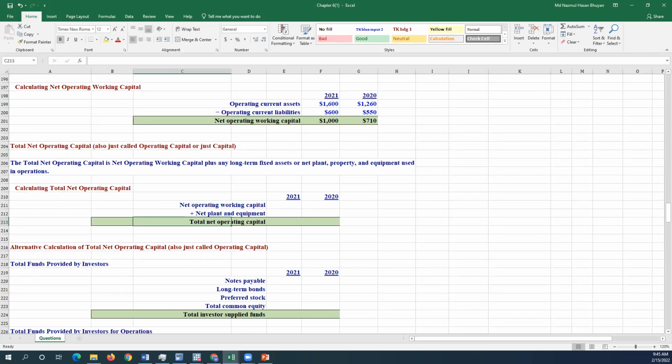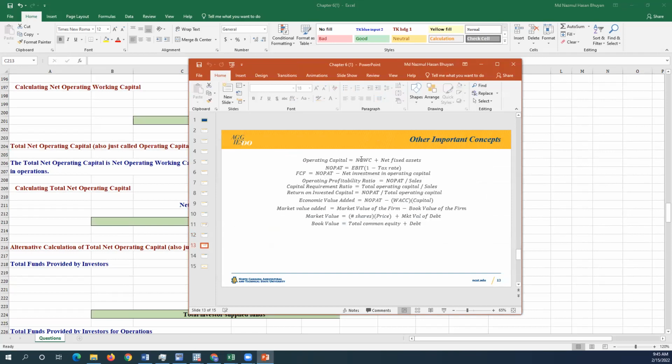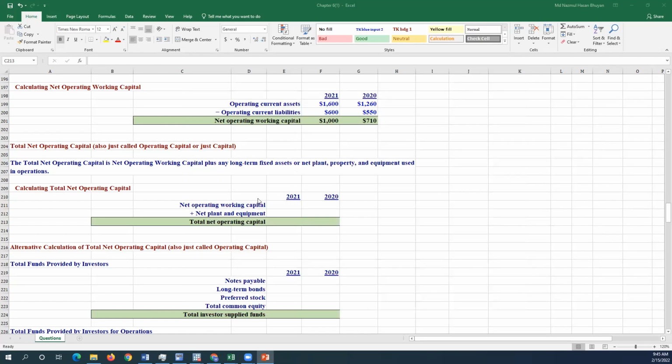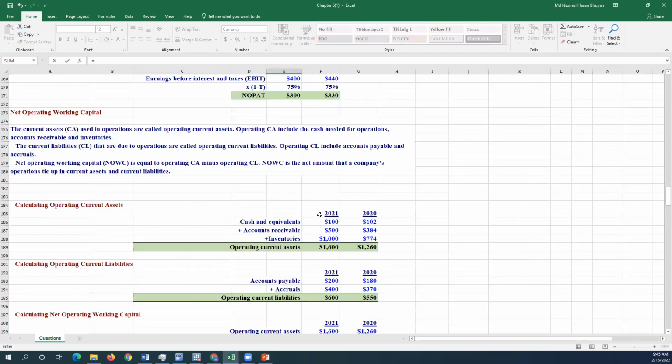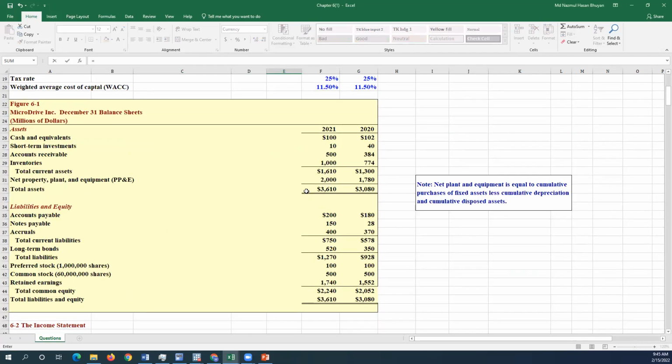So net operating capital here is the sum of net operating working capital and net fixed assets. So let us copy the net operating working capital we just calculated, and then net PPE we have in the balance sheet.